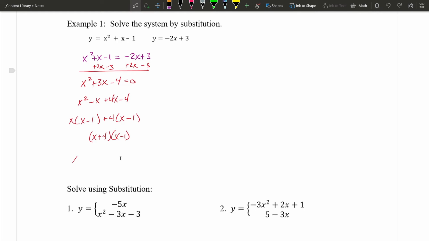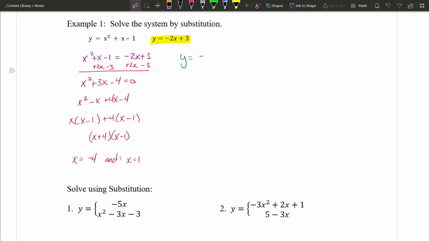So what I've got to do is plug both of those values back into, honestly, either of those equations. In the name of efficiency, I'm going to choose the simpler equation, the linear one, to figure out what I'm doing. So I'm going to choose, highlight it, the y equals -2x plus 3. Plug him in. So y equals -2 times -4 plus 3.